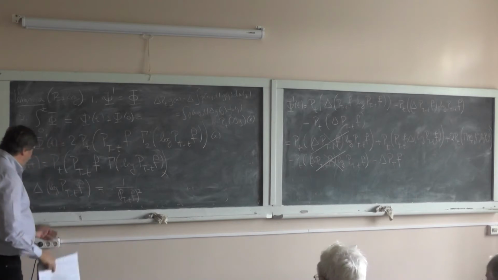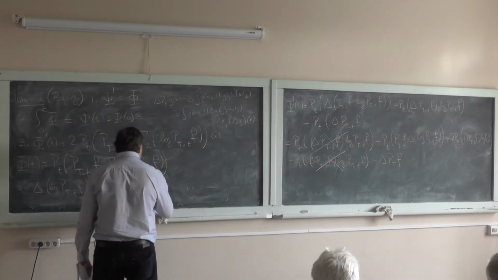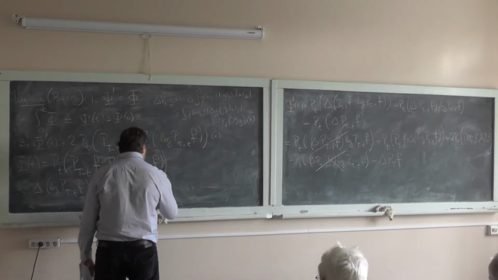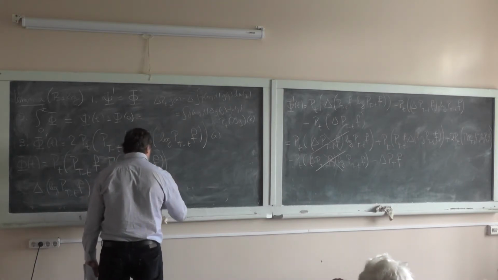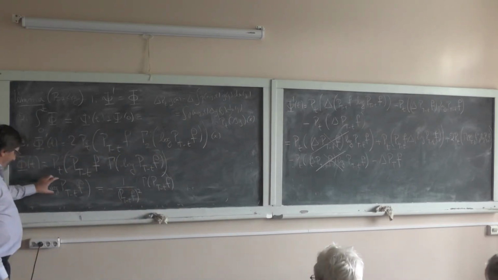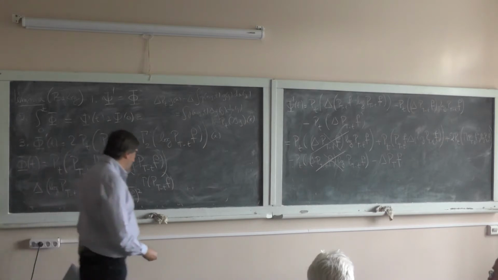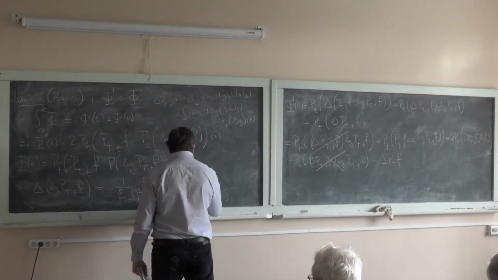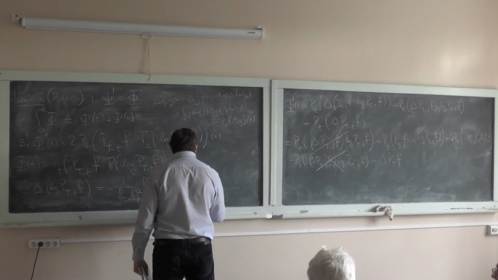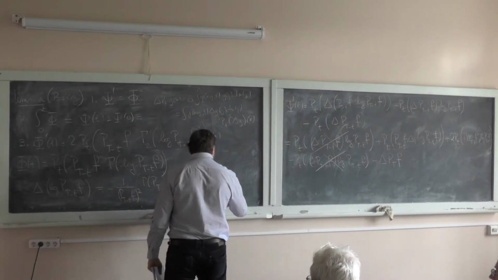And then I have the gradient squared of this function, which is gamma of p minus p f. And then I have plus the first derivative of this function times the Laplacian of this. So plus 1 over p minus little p f times the Laplacian of p minus little p f.